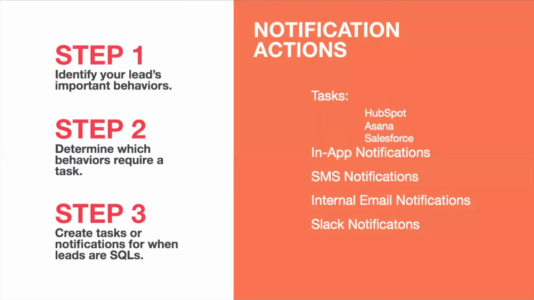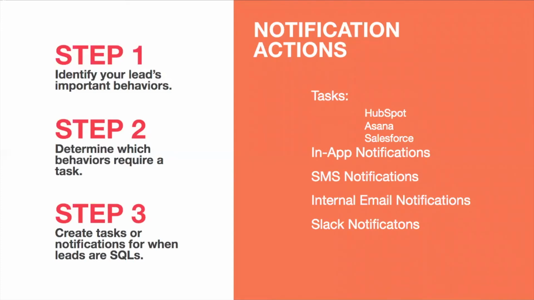And then, step 3, being able to create those tasks or notifications when the leads are actual SQLs. And so those actions can be set up in HubSpot, Asana, or Salesforce. You can have the in-app notifications. You can have SMS notifications. You can have internal email notifications. You can also have Slack.